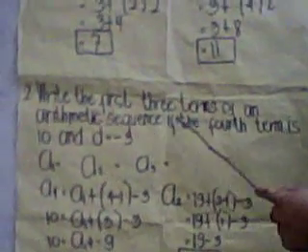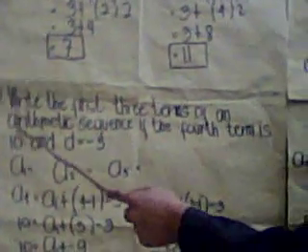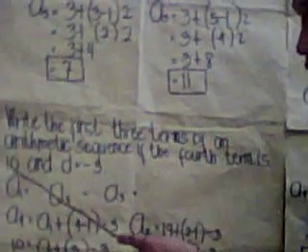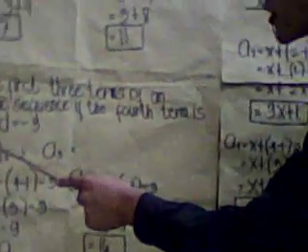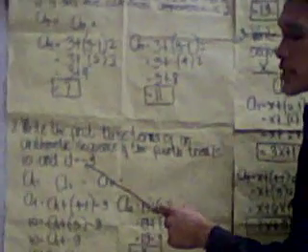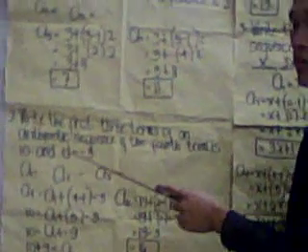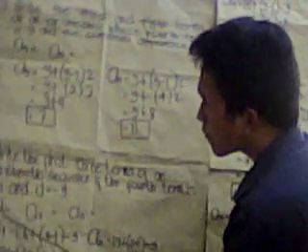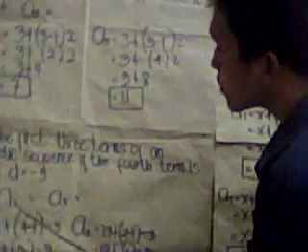Write the first 3 terms of an arithmetic sequence if the fourth term is 10 and g is negative 3. We find a sub 1, a sub 2 and a sub 3.